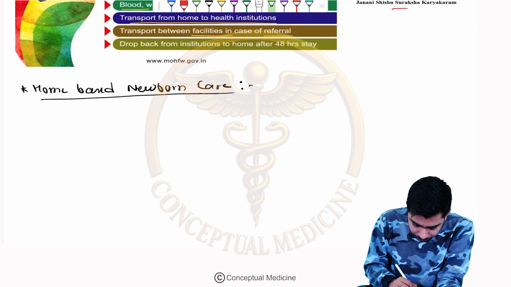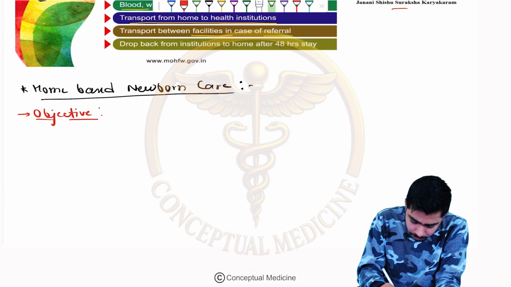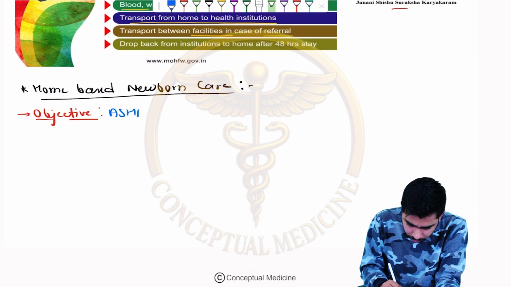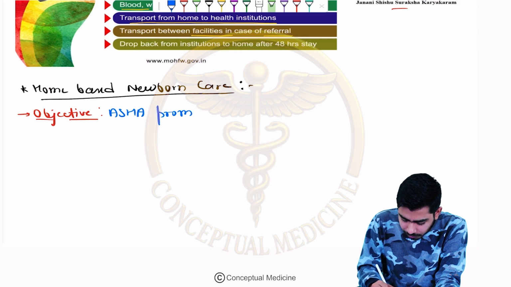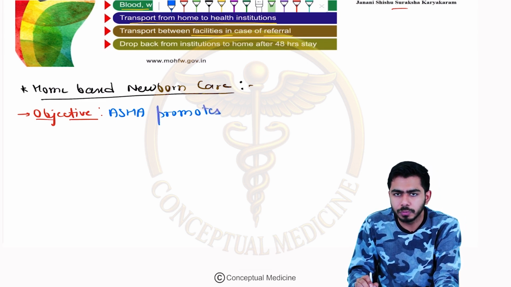So what is the objective in this home based newborn care? The objective is that ASHA promotes breastfeeding. We know the importance of breastfeeding in the newborn. Exclusive breastfeeding should be happening during the initial 6 months.